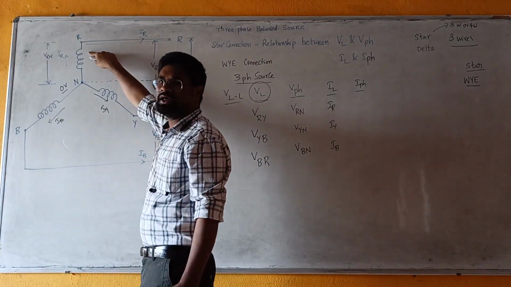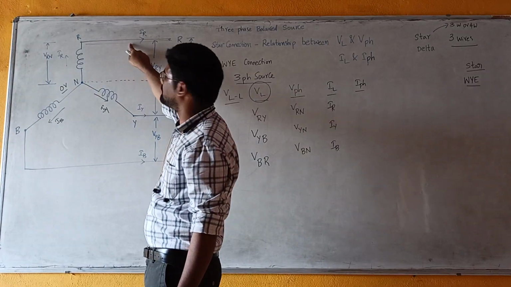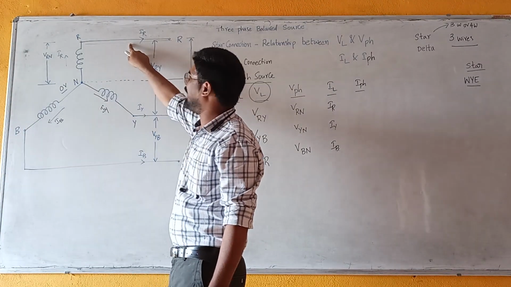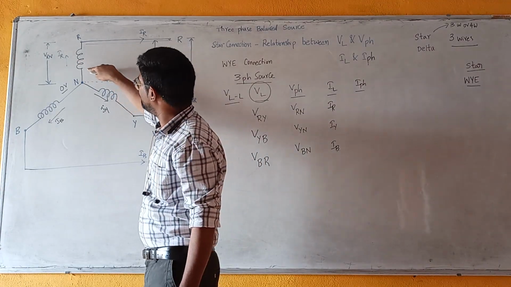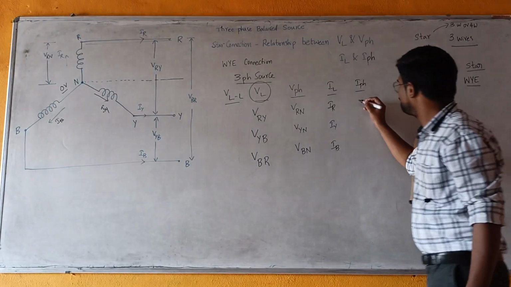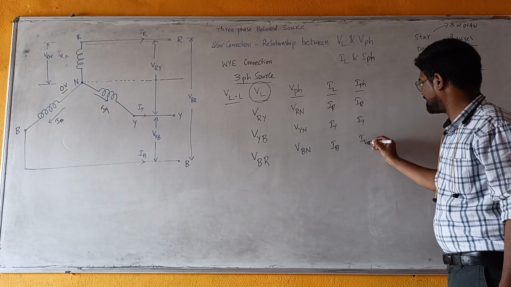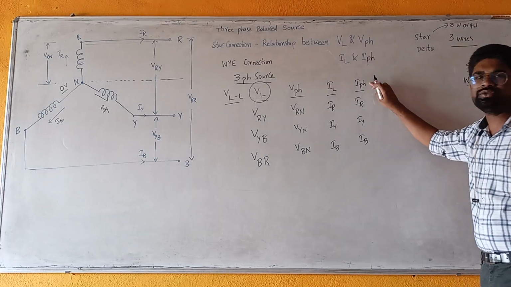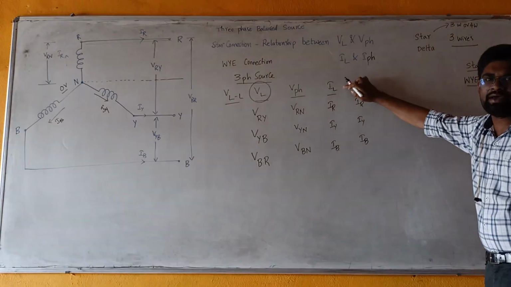Current flowing through the coil is phase current, which is same as the current flowing through the live wire, which is line current. From the connection diagram itself, we can say phase current is equal to line current. Phase currents are same as line currents. The phase currents are the current flowing through the coils. Line currents are current flowing through the live wires.